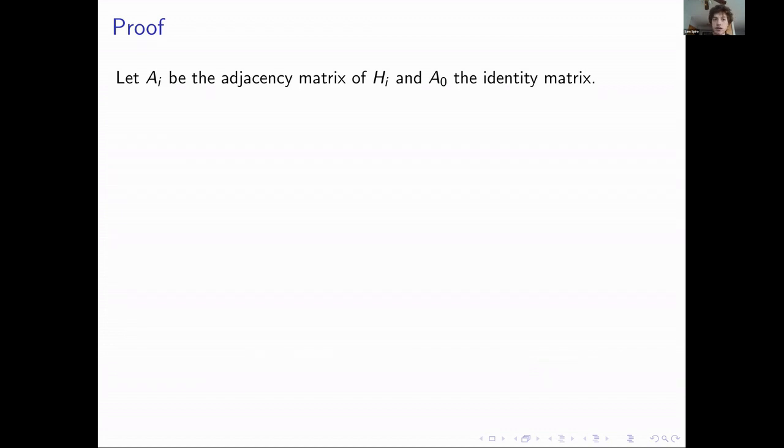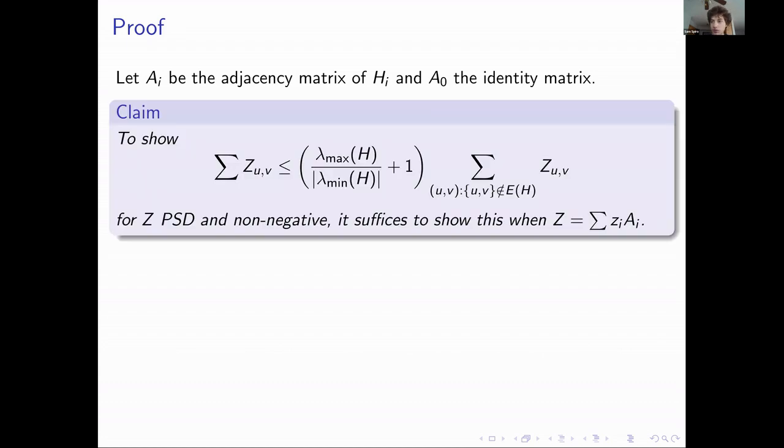So with this in mind, we're going to let A_i denote the adjacency matrices of the graphs in this family, and we'll let A_0 be the identity. Now we're going to do one more reduction, which says that to prove this result for non-negative PSD matrices Z, it suffices to show this for non-negative PSD matrices which are in the span of these A_i matrices.